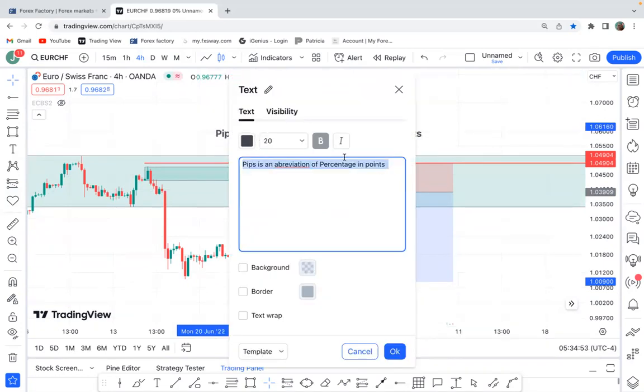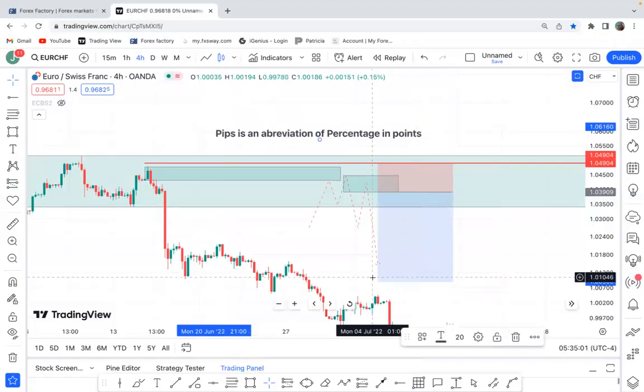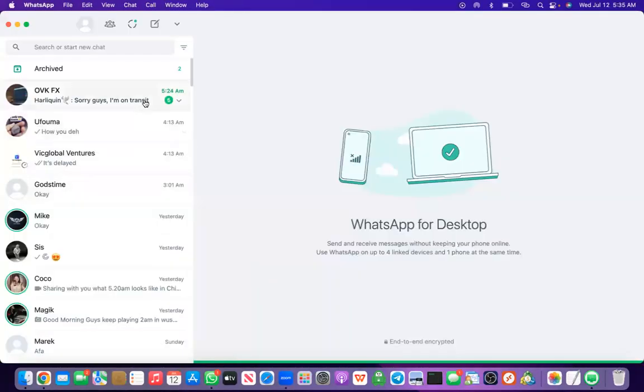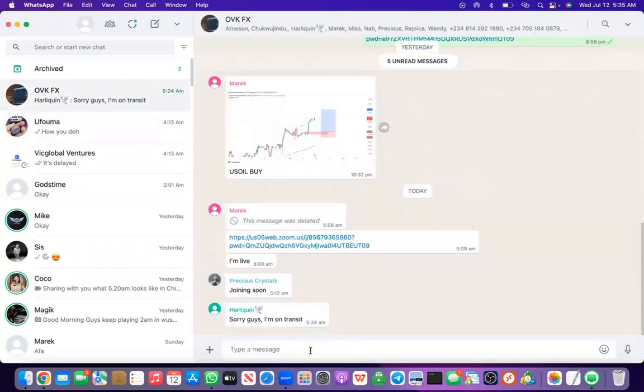Now, for pairs like Euro USD, you will see Euro USD's price is about 1.08000. And you see that Euro USD moved from 1.08000 to 1.09000, and they're telling you Euro USD moved 100 pips.